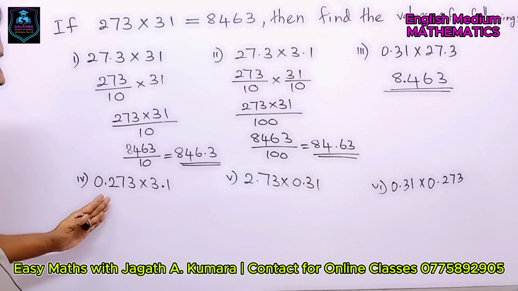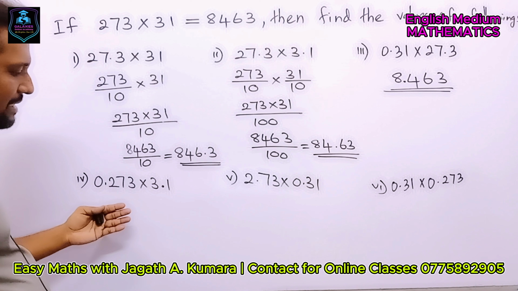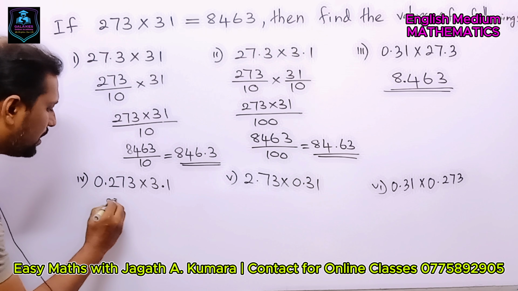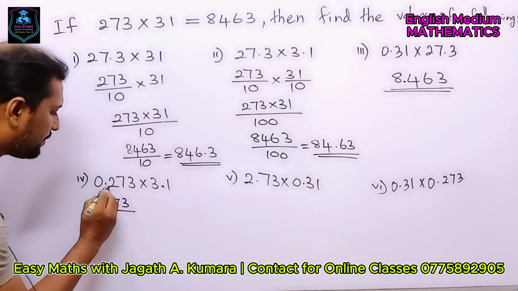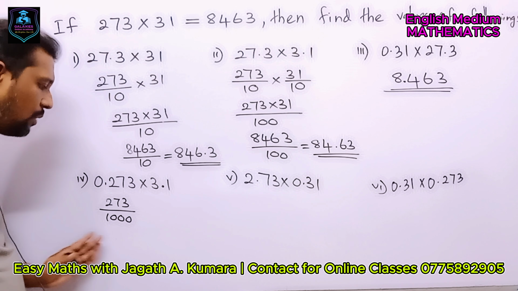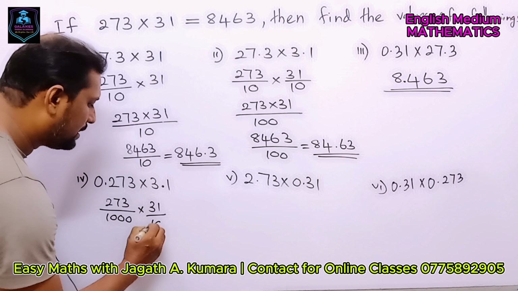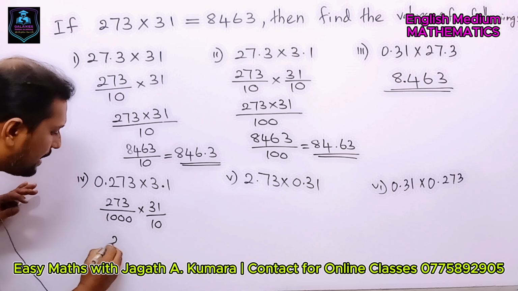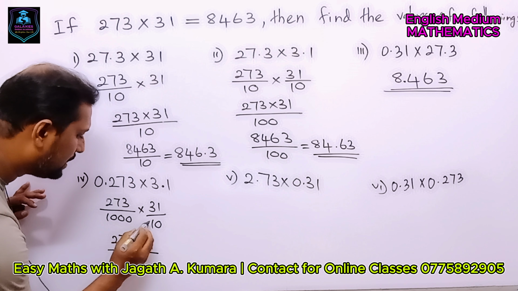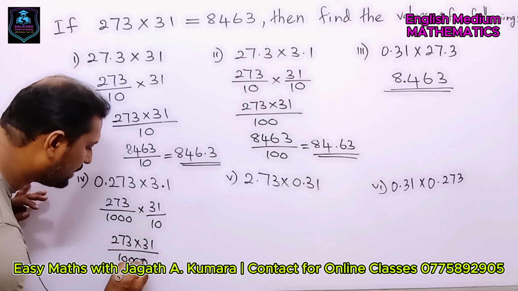Now look at the fourth one, 0.273 multiply 3.1. I will write these two decimal numbers as fractions. 273 over three decimal places, that is one and three zeros, 1000, multiply 31 over 10. Then I can write 273 multiply 31 over 1 and 4 zeros, that means 10,000.